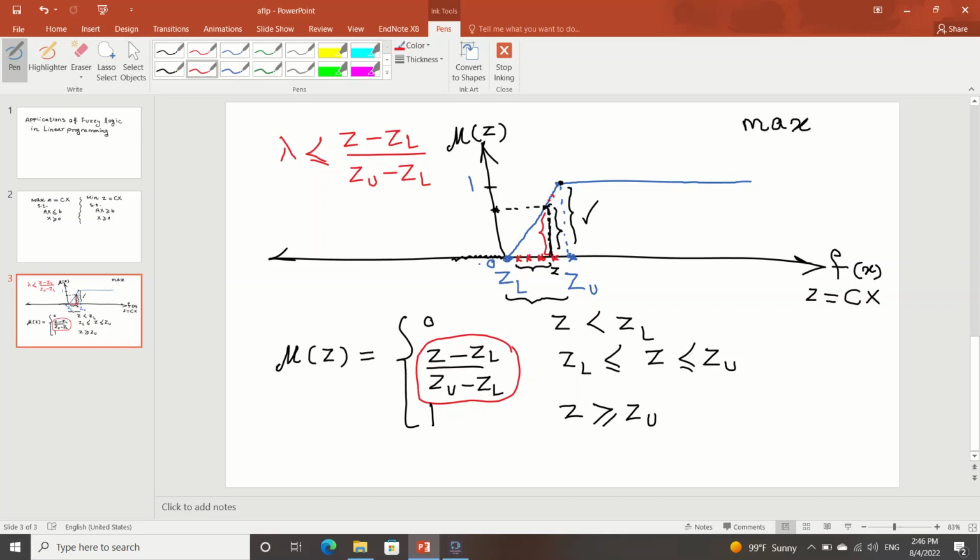If we can shorten the distance or the deviation from Z upper, we are going to maximize lambda, and we are going to obtain the solution near the crisp value.